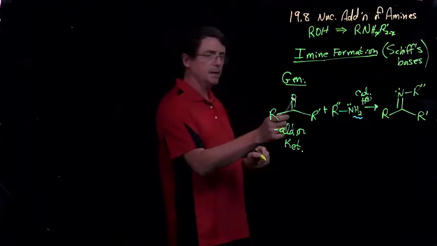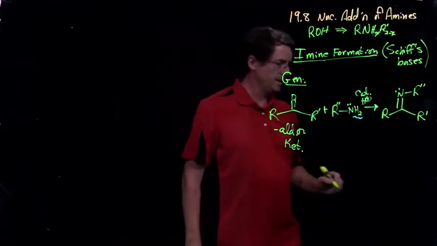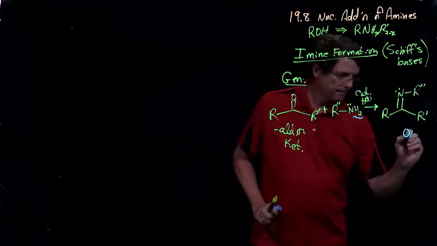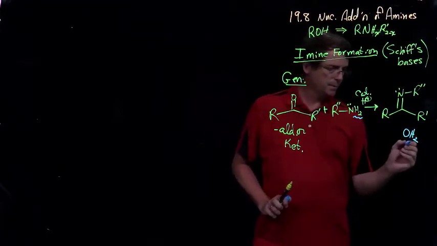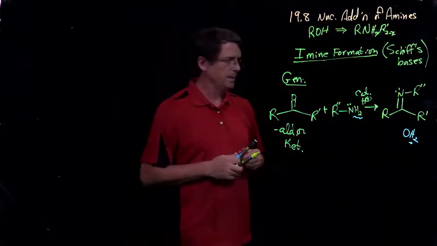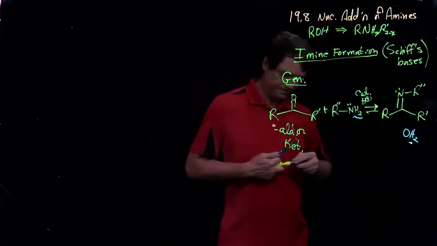We replace the oxygen double bond with the nitrogen carbon double bond, and we make water. So the two protons came from the amine and the oxygen came from the carbonyl. And this is a reversible reaction.